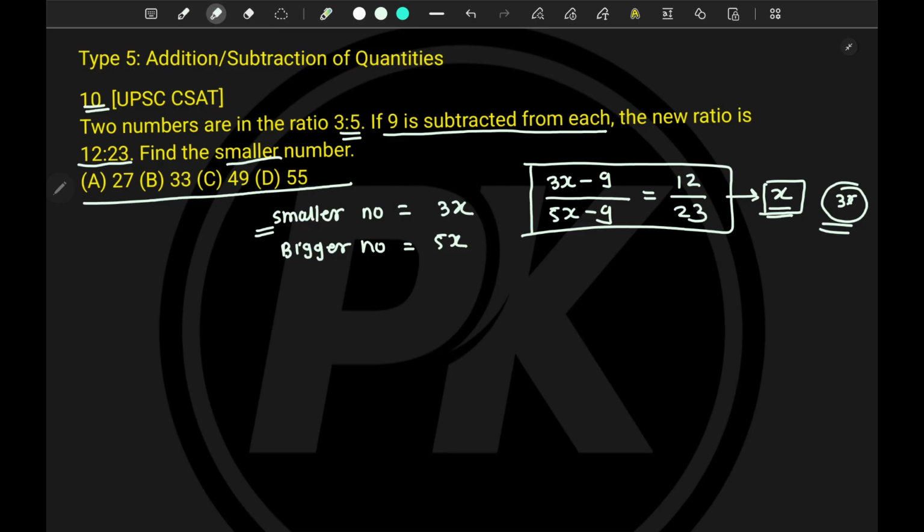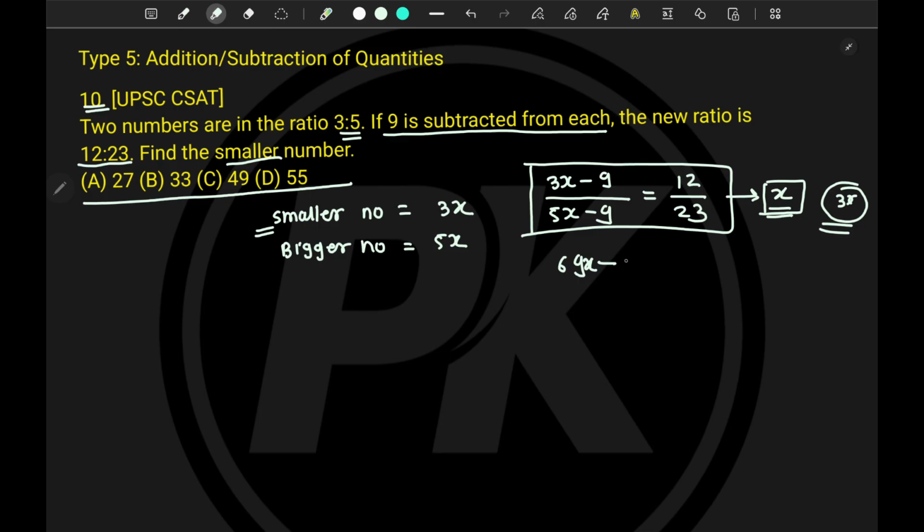Now let's solve this equation. To solve it, we have to do the cross multiplication. So tell me, what is 23 into 3x? 23 threes are 69, so 69x, minus, now 23 nines are how much? It is 207.